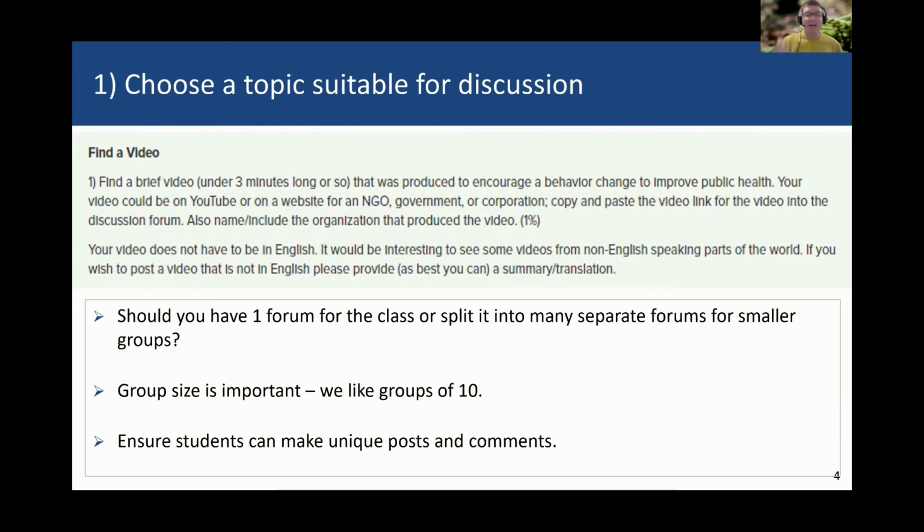And some of the things that really help with discussions also are the considerations for how you set up your discussion forum online. If you have the luxury of having smaller groups, this is obviously a great way to support meaningful discussion. We've tried different group sizes. I think we've agreed that 10 is an ideal number if you can get something around that.